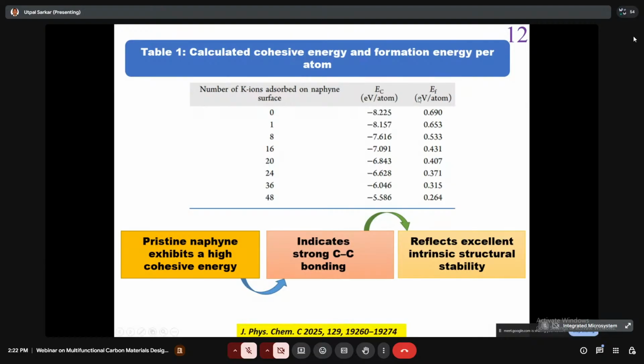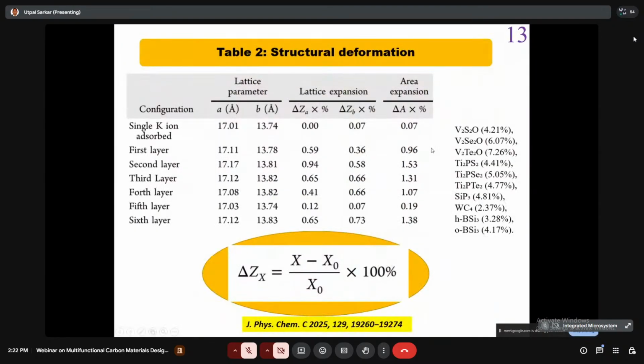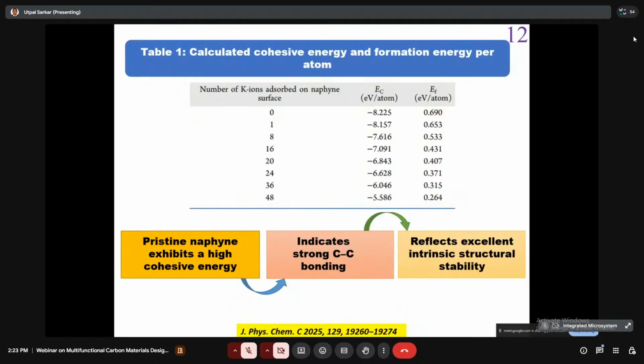Now you see that the formation energy is initially 0.69 and then it shows a decreasing trend. As more and more potassium ions are added, its formation energy is decreasing.